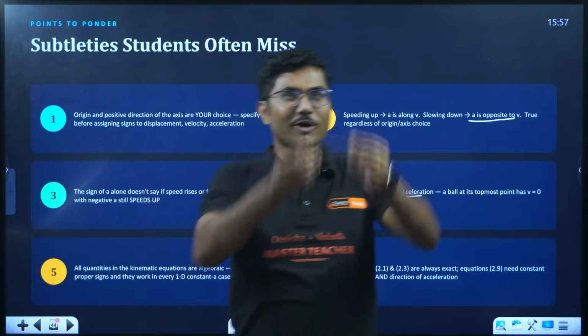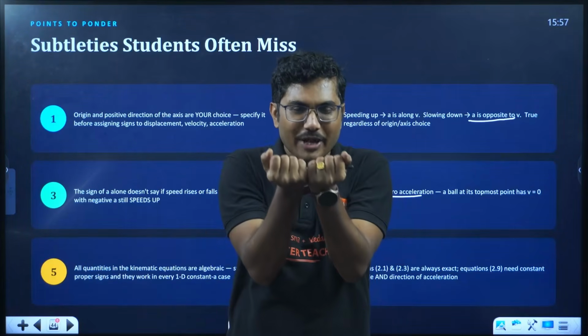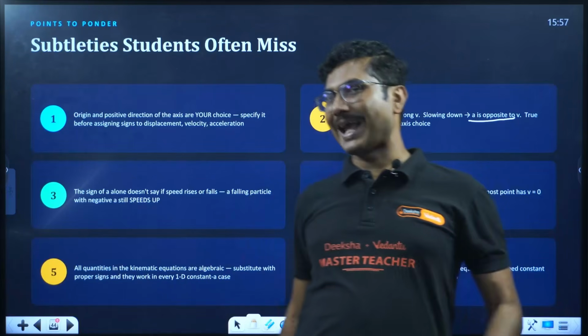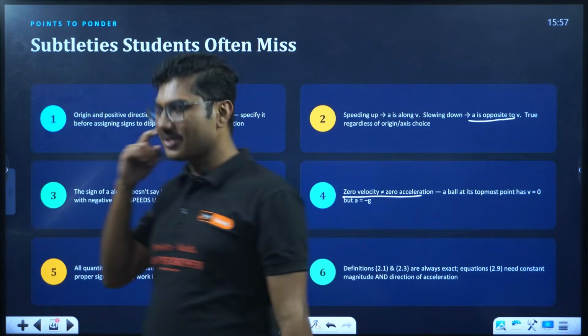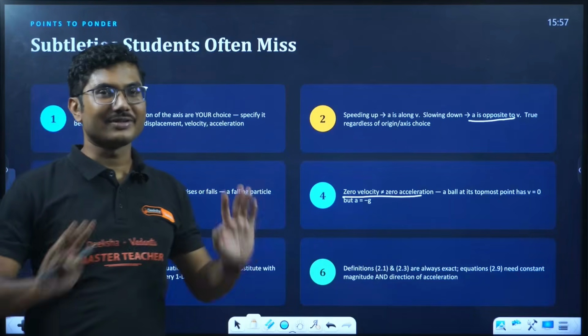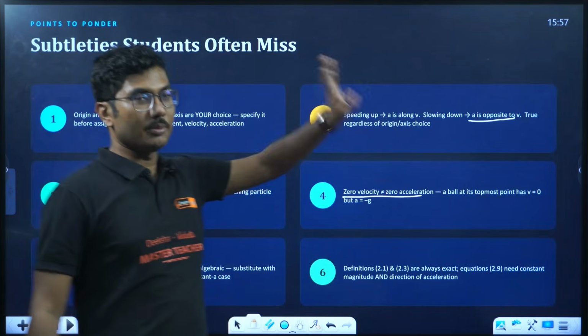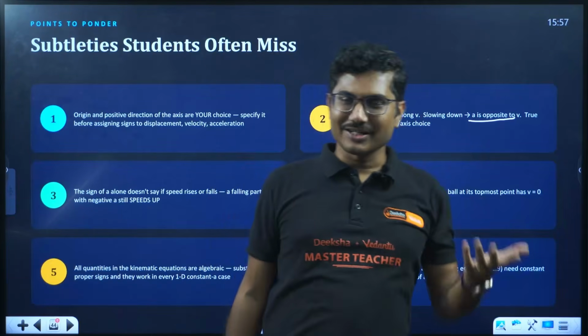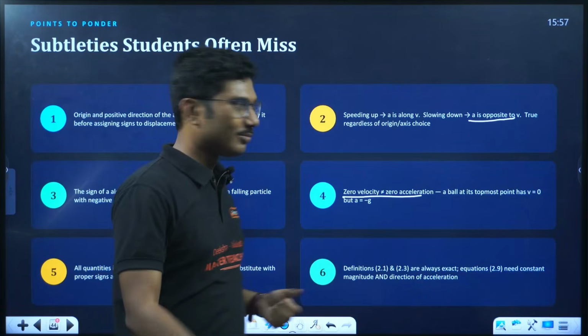So if you throw the ball up, as soon as it stops, if you catch it, basically you are catching it when the velocity of the ball is 0 but acceleration is not. So acceleration can be acting on the object even if the velocity is 0. Super important. Okay, and if velocity is 0 and acceleration is 0, then the object will not move at all.